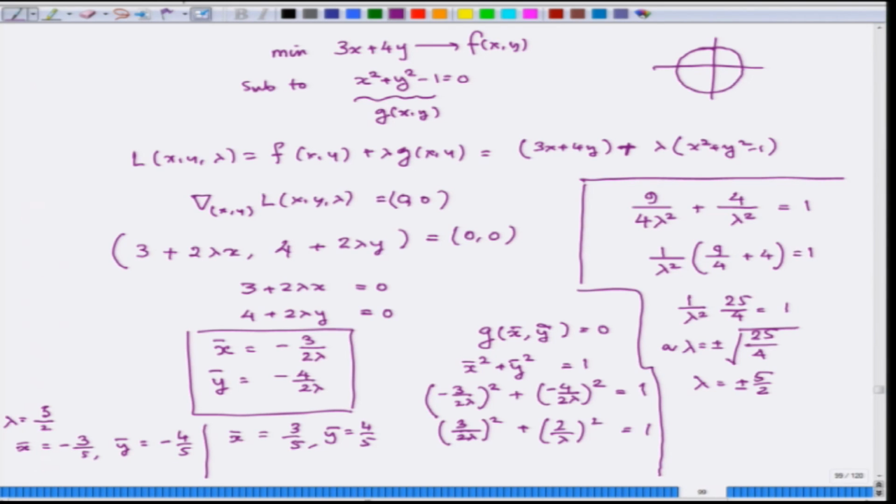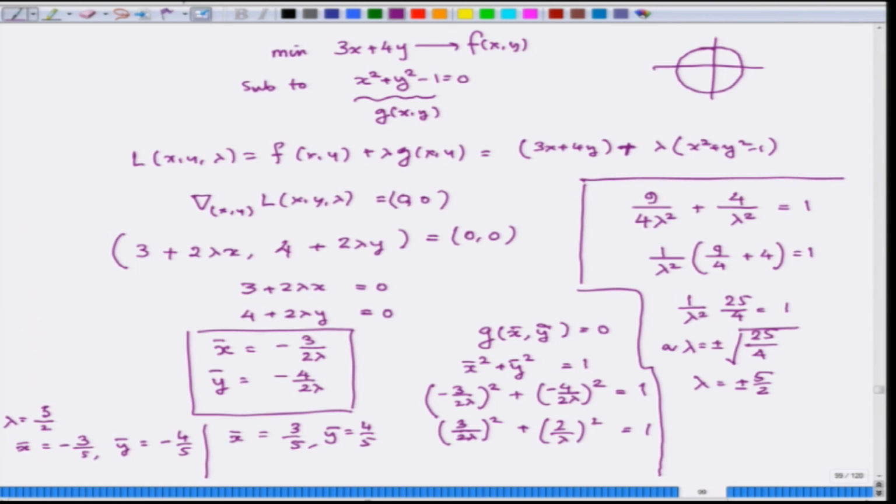So, this problem has at least one minimizer and one maximizer, which are global, and both of them must satisfy the Lagrange multiplier rule.